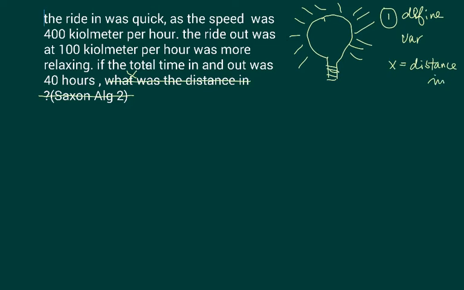The reason you want to do that is twofold. Number one, when you define a variable, you quickly translate the word problem into an algebraic problem. In algebraic problems, we're looking for an equal sign, which, I don't know about you, but it calms my nerves. The second thing, which leads to why we want to define a variable, is that once we have a variable, we're looking for an equation.